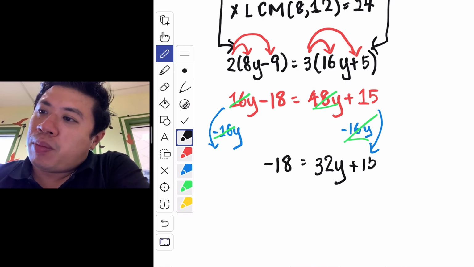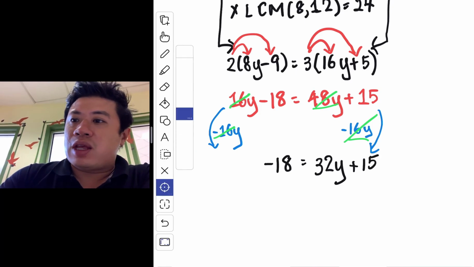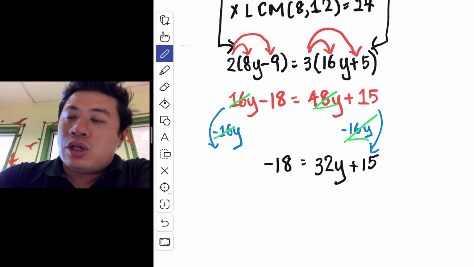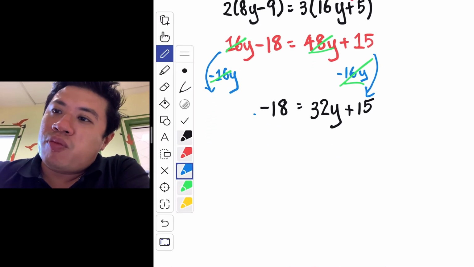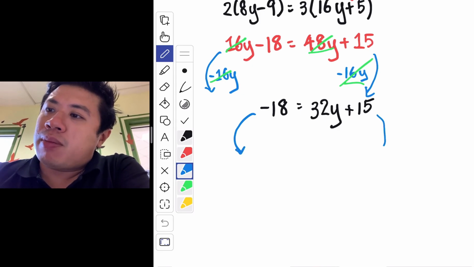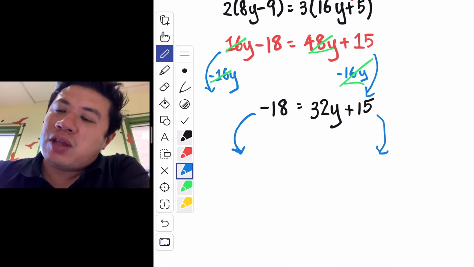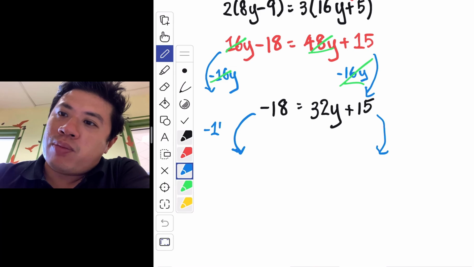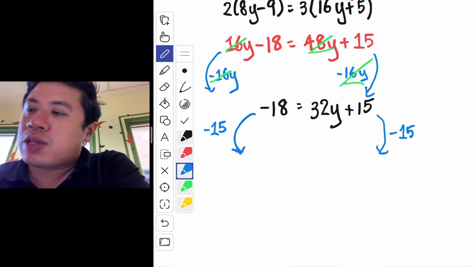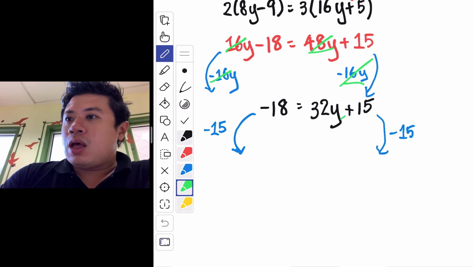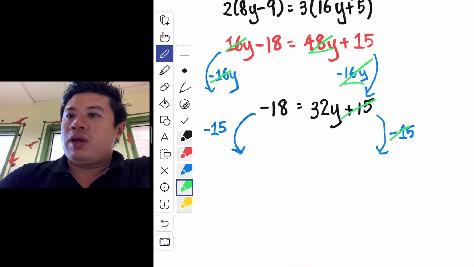Now of course you want to make y the subject, so this 15 likely has to go over to the left side. You can say shift or whatsoever, but the actual movement is that to reverse this plus 15, we subtract both sides by 15. Positive 15 and negative 15 will cancel off.